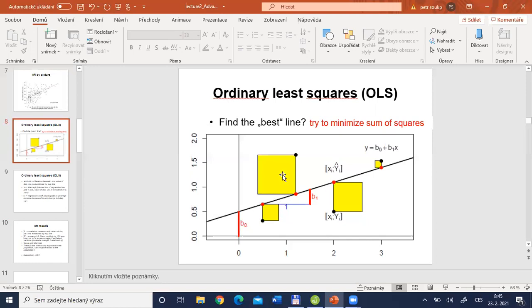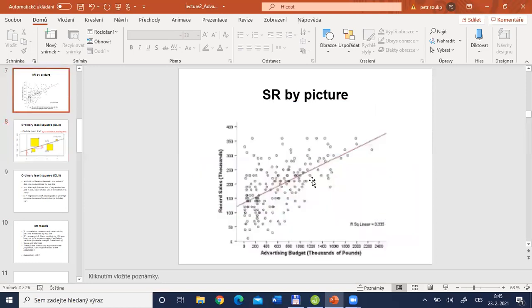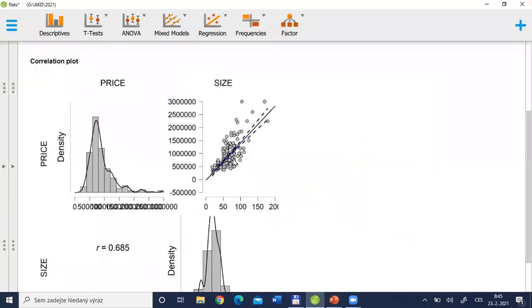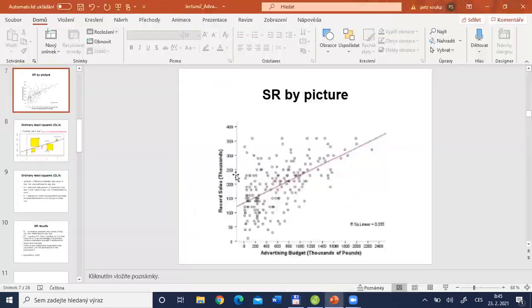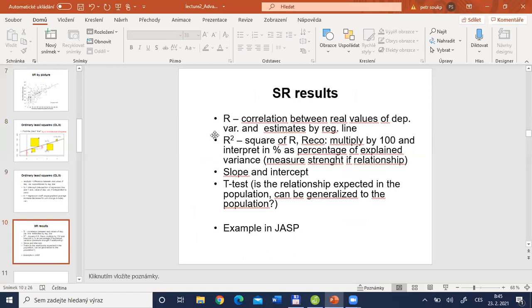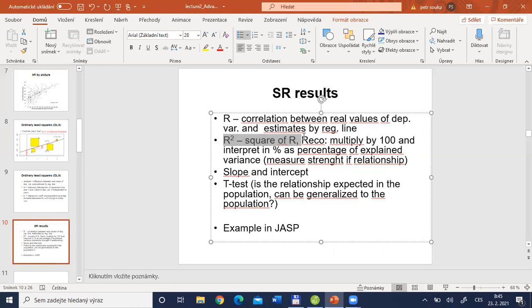If these real, black points would be quite far from the red points on the line, the correlation would be weak. So for example, here this would be quite a weak correlation, and for my data it would be quite a strong correlation. In regression, mostly we compute the square of this correlation coefficient, and we usually call it the coefficient of determination, or sometimes only R square.